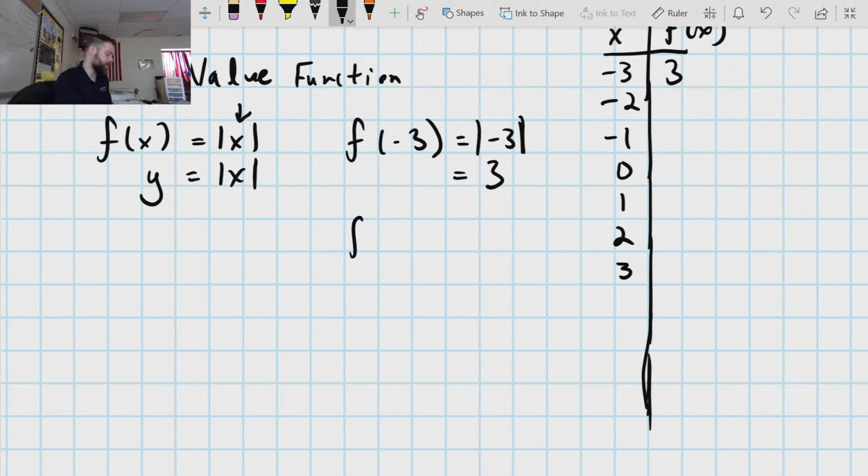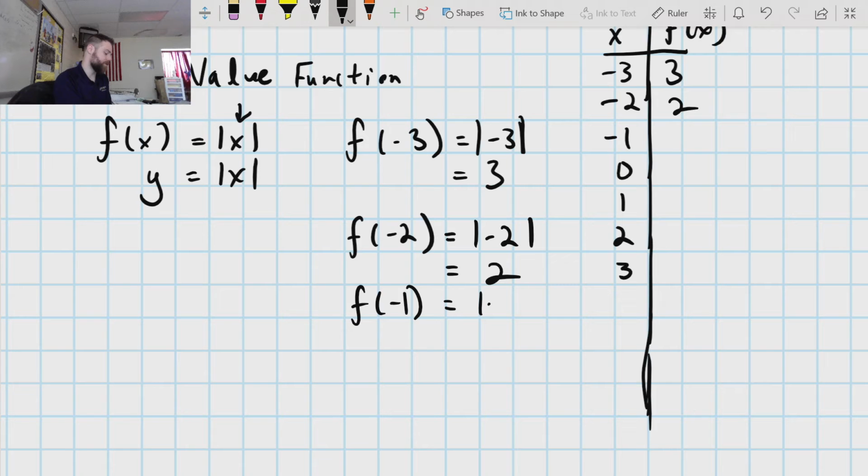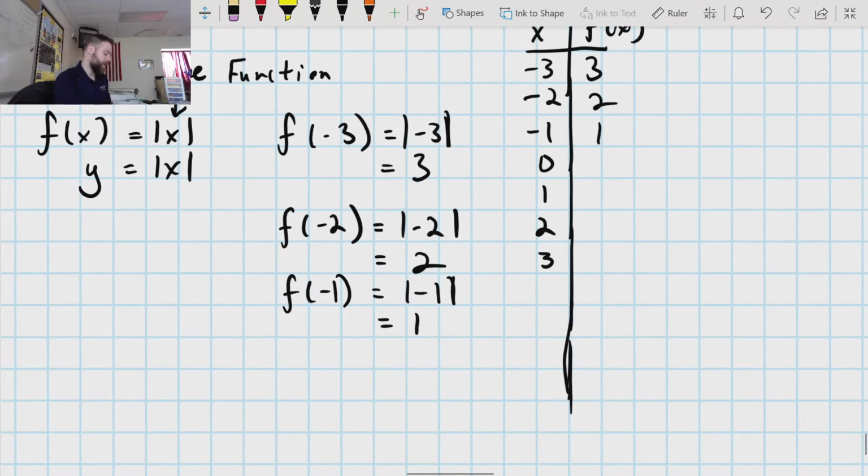So let's try another one, f of -2. Well, that's going to be equal to the absolute value of -2, which is +2. And then f of -1 is the absolute value of -1, which is +1. And then f of 0, well, what's the distance from 0 to 0?